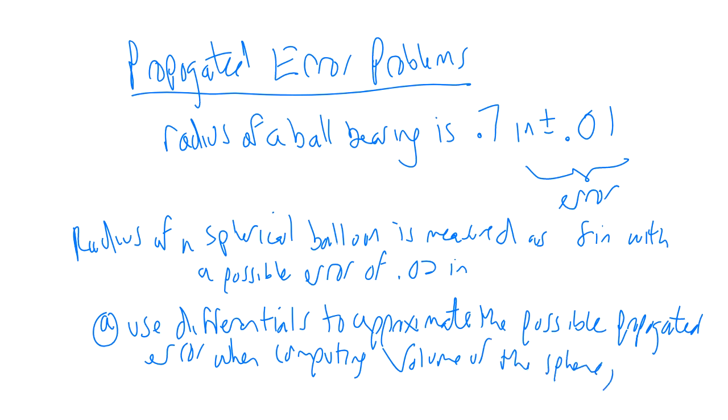And then there's always, or almost always, a second part. Find the percent error. So here's how big the error could be, and here's what percent it is of the volume. So let's go to the next page to actually work out this problem.